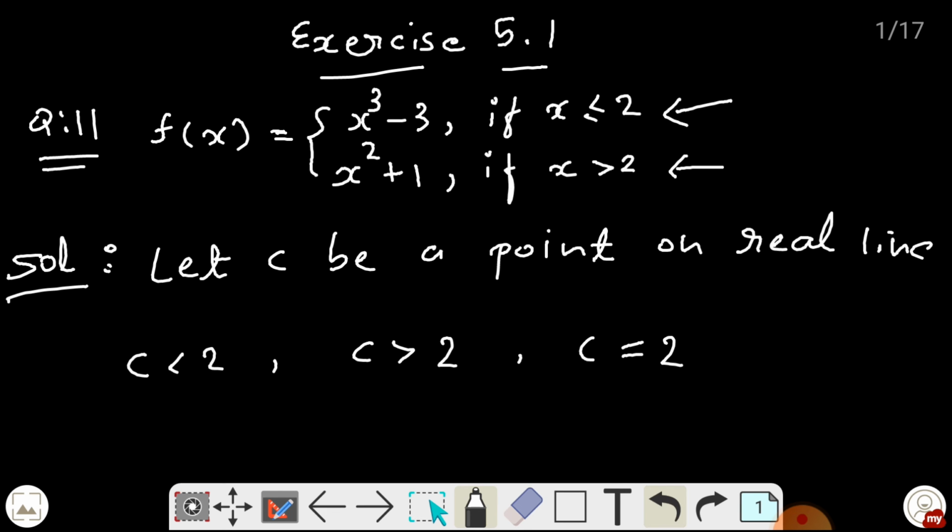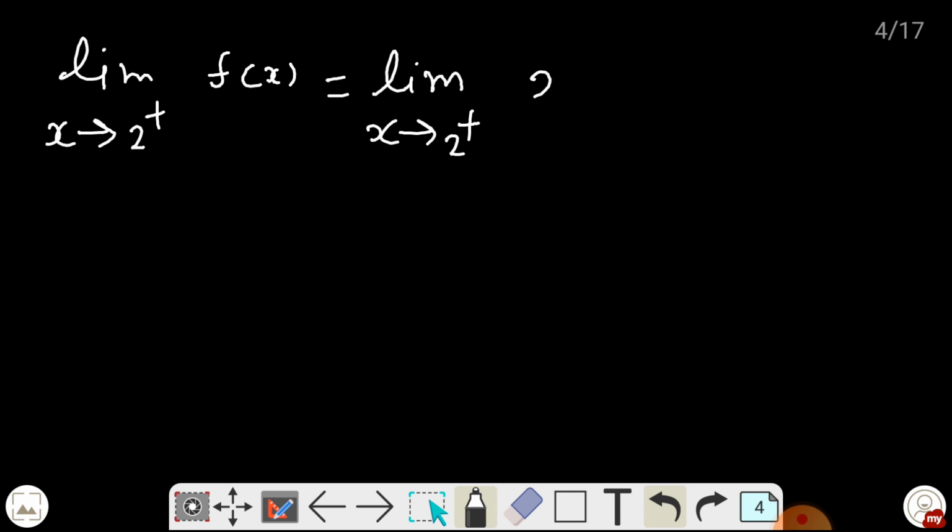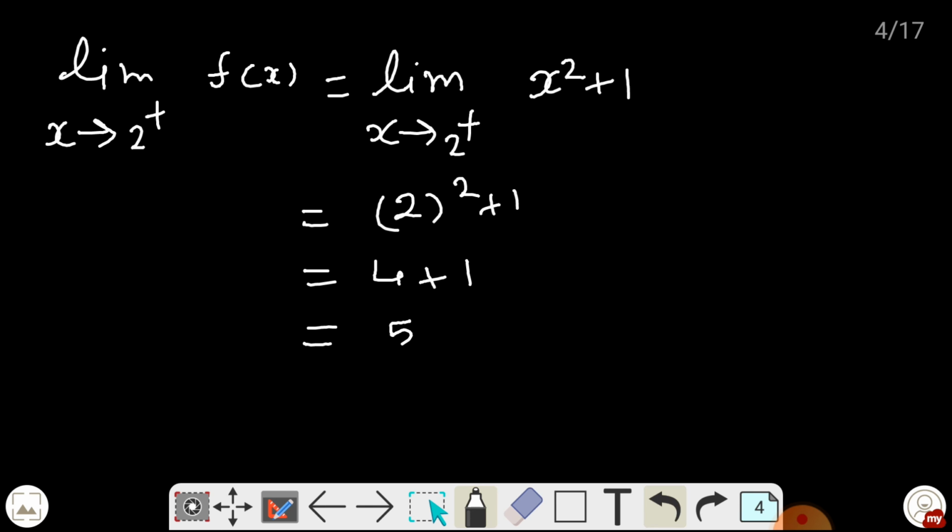Whenever x is greater than 2, our function is x square plus 1. So let me write it here. x square plus 1, which is equal to 2 square plus 1, which is equal to 4 plus 1, which is equal to 5.